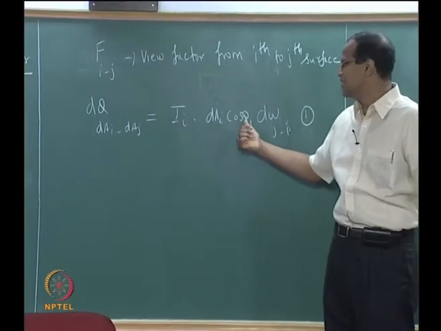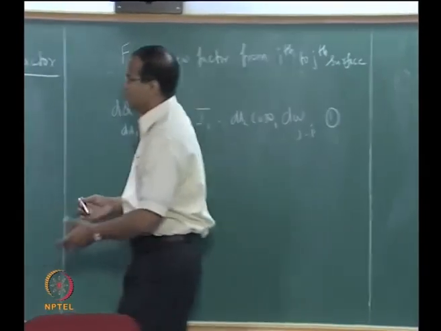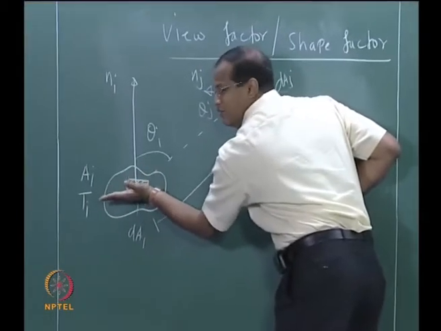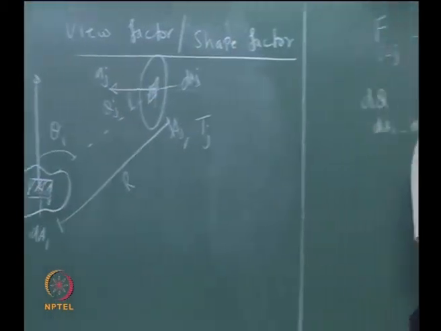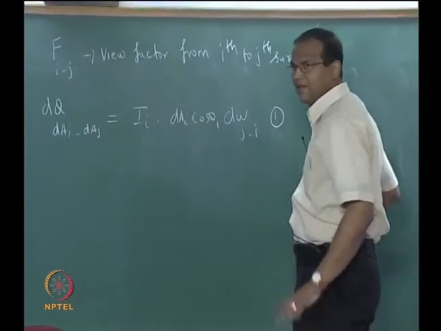To take care of the projected area, cos theta comes in, because the radiation has to go in this direction. Then d omega ji.